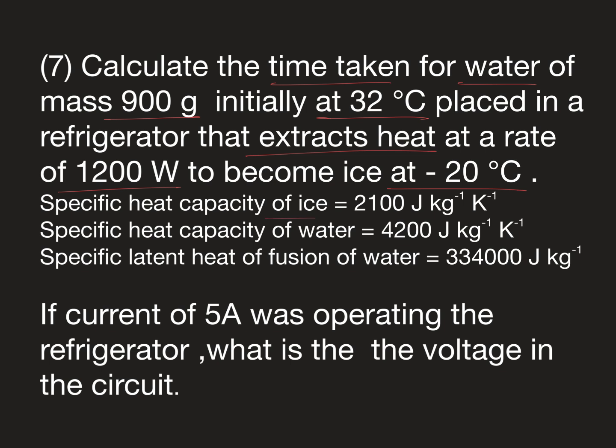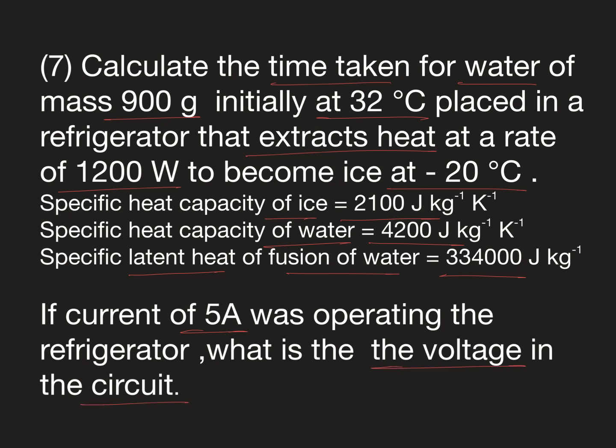Specific heat capacity of ice is 2,100 joules per kilogram per Kelvin. Specific heat capacity of water is 4,200 joules per kilogram per Kelvin. Specific latent heat of fusion of water is 334,000 joules per kilogram. If a current of 5 amps was operating the refrigerator, what is the voltage in the circuit?